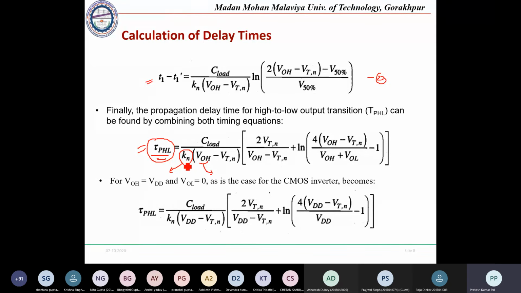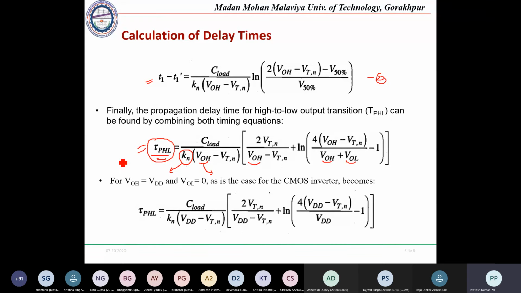VOH will also depend on the Kn value, the same transconductance parameter. So VOH or VOL are the different values that a designer can change. So in terms of designing point of view, we will be seeing it.